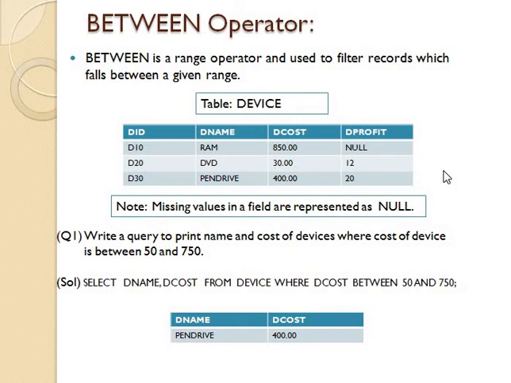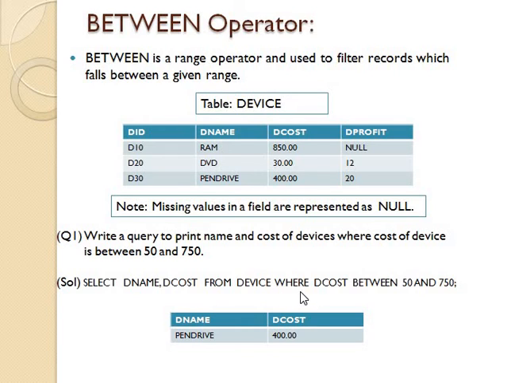Now, based on this table named device, there is a question below. The question says, write a query to print the name and cost of devices, where cost of device is between 50 and 750. Now, as name is represented by the DNAME column and cost of devices is represented by the DCost column, I write the query as select DNAME, DCost from device.